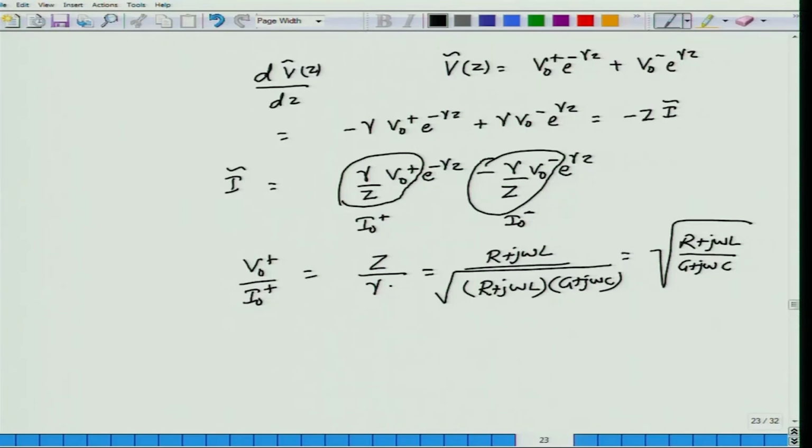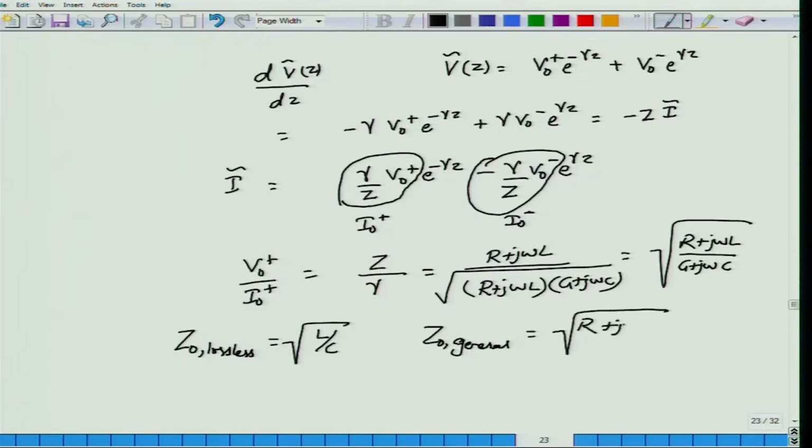In contrast to the lossless case, where Z0 was a purely real quantity, square root of L by C, this time you see that in this more general transmission line case, the characteristic impedance happens to be complex, right.